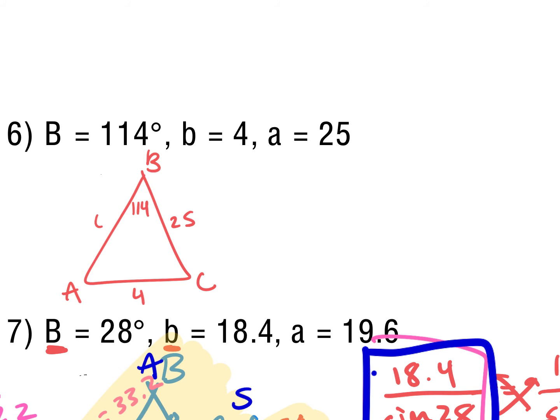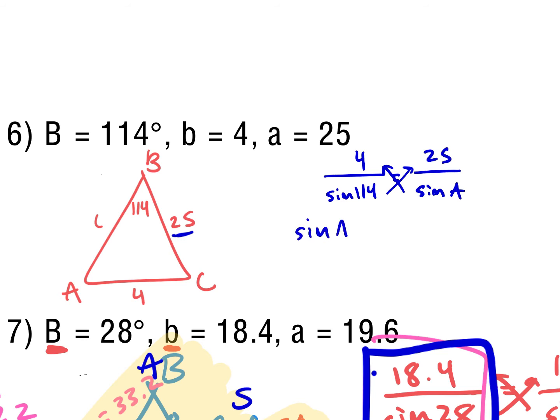Angle A, thank you. So I have 4 over sine of 114 is equal to 25 over sine of A. Because I don't know anything about C, so I can't set up a proportion because I have two unknowns there. So I have to do A because I have side A but not angle A. So cross multiply and divide. I get sine of A is equal to 25 times sine of 114 over 4.